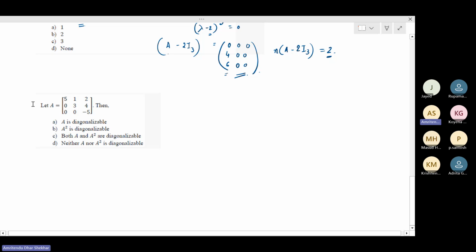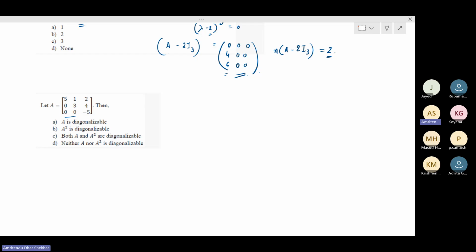So again, you have this matrix A, and this matrix is in upper triangular form. So of course, if the matrix is in upper triangular form, you can just read the eigenvalues very easily. The eigenvalues are just going to be the entries on the diagonal.